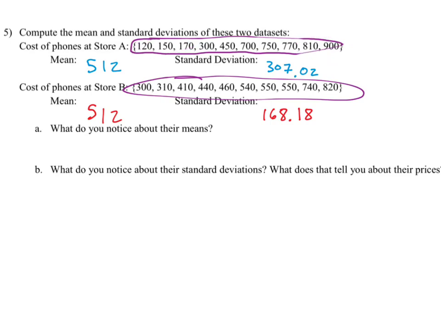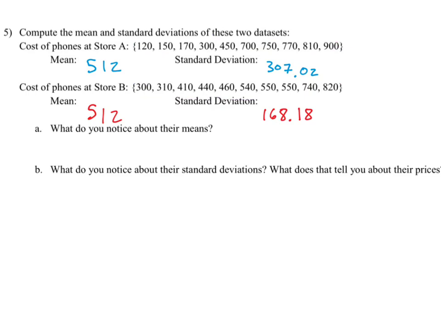If you compare that to this other one, this one goes from 300 to about 820, so that's not as wide. And these numbers here are pretty consistent. They're pretty close together, about a range of 250 there. Just these ones jump up a little bit.